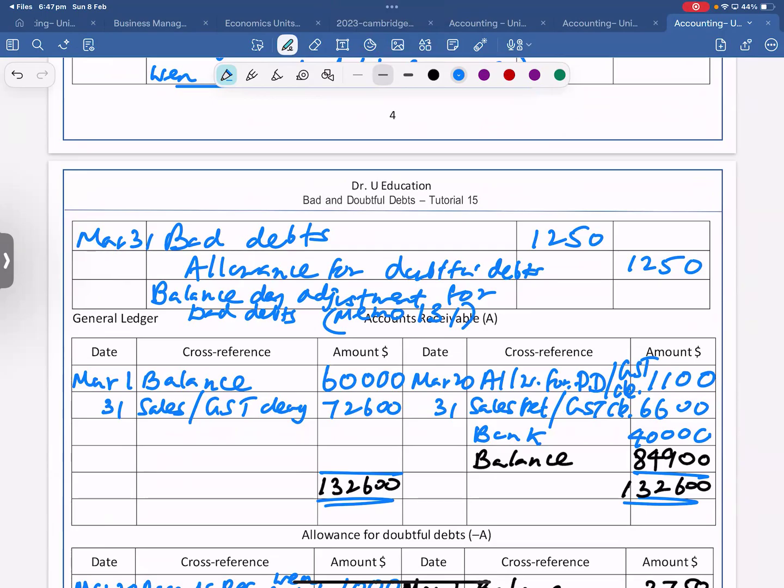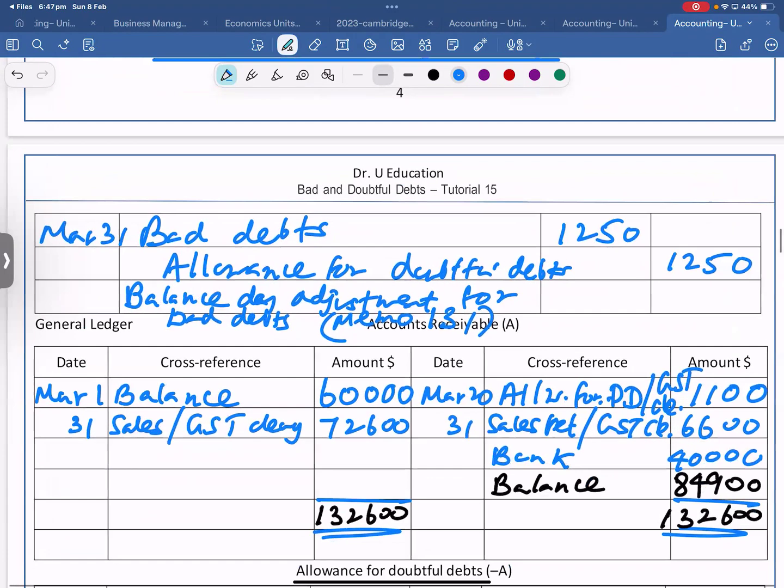Homework, probably you can try, there are 2 questions at the end. Maybe you can try the first one, the second one we'll do in the class. So are we doing the increase, decrease, effect? Yeah, we are doing.